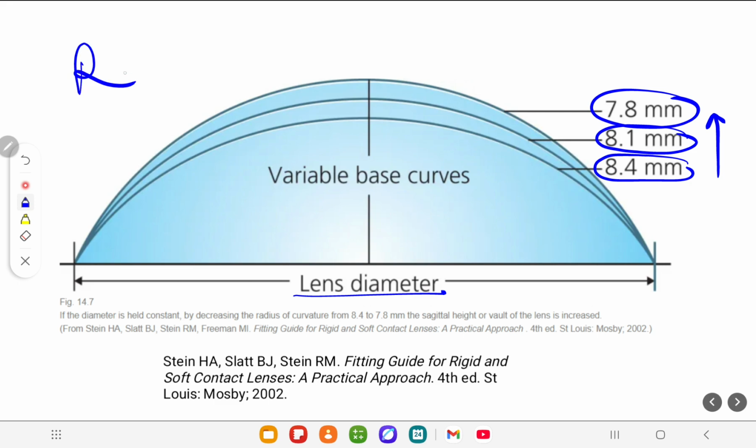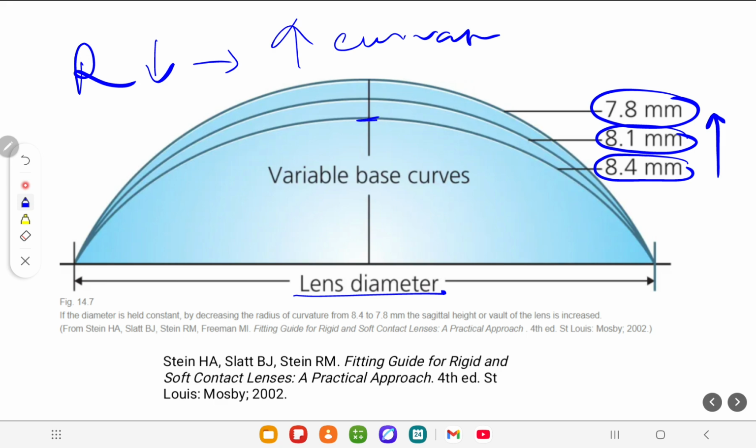Decrease in radius means increase in steepness, or you may understand it by another word, increase in curvature, isn't it? Radius of curvature and curvature are two different things, exactly opposite. So a decrease in radius of curvature means an increase in curvature. So in this picture, whenever we decrease the radius of curvature, sagittal height increases.